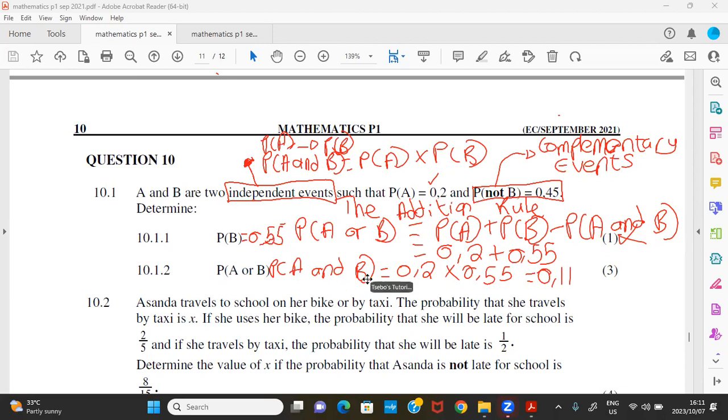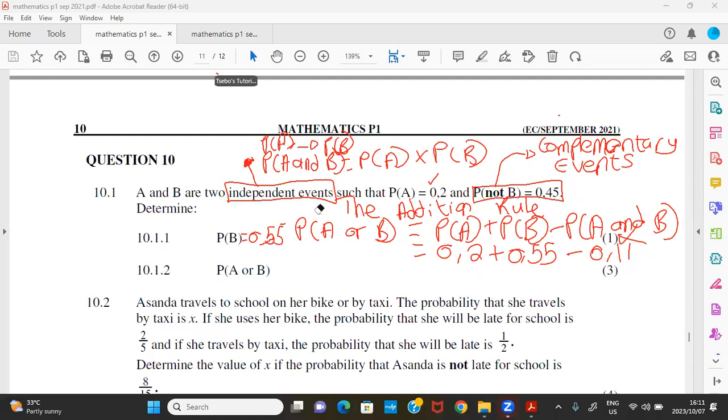Okay, I will just say now for my probability of A or B, that's 0.2 plus 0.55 minus 0.11. And then what is the final answer for that? What is the final answer when you say 0.2 plus 0.55 minus 0.11?